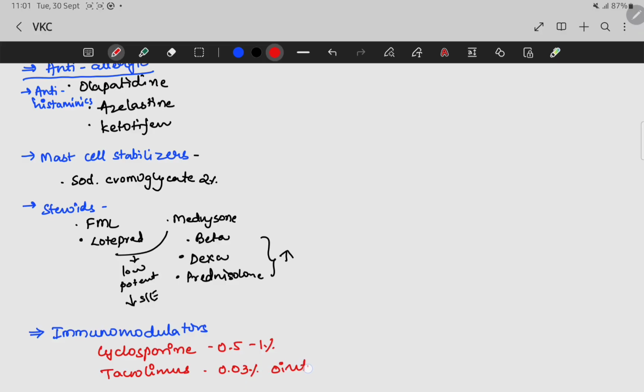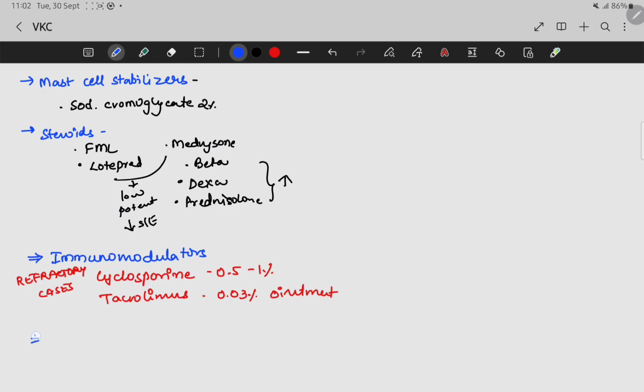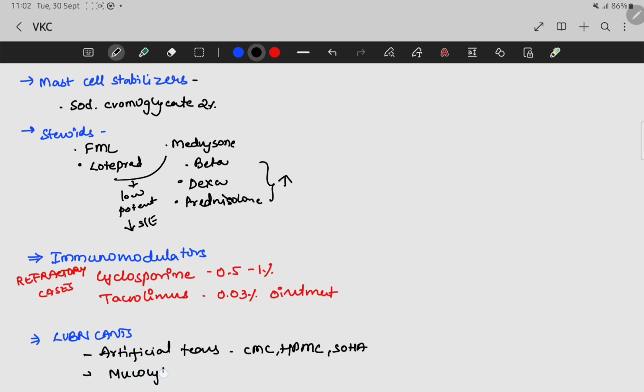These are reserved for refractory cases only, because there are side effects related to these immunomodulators such as corneal drying and secondary ulcerations. Then we can also use lubricants as artificial tears and mucolytics. These include carboxymethyl cellulose, hydroxypropyl methyl cellulose, sodium hyaluronate drops, and mucolytics like acetylcysteine. These are used when there is more ropey kind of discharge.